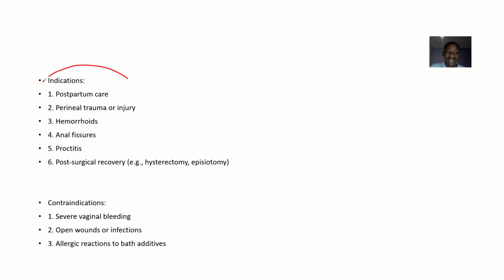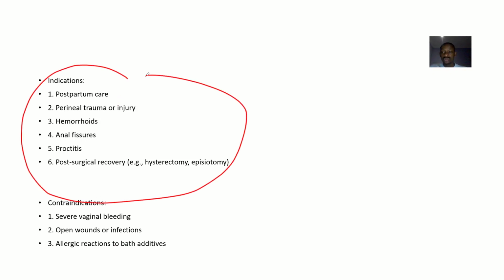Indications: times when you should use a Sitz bath, which is very important. Postpartum care, that's after giving birth. If the person has a perineal trauma or injury, if there are hemorrhoids. I was actually reading about hemorrhoids when I came across the concept of Sitz baths. It could be anal fissures, it could be proctitis. What is proctitis?